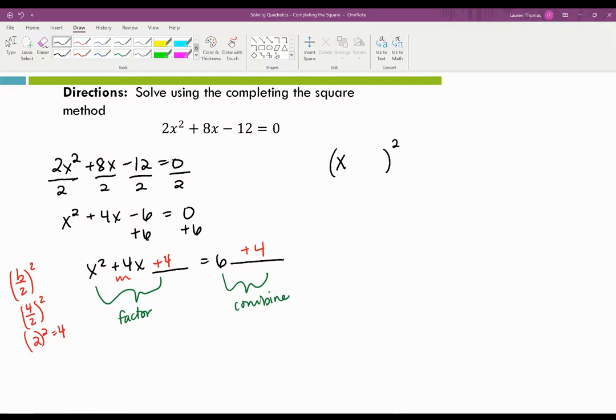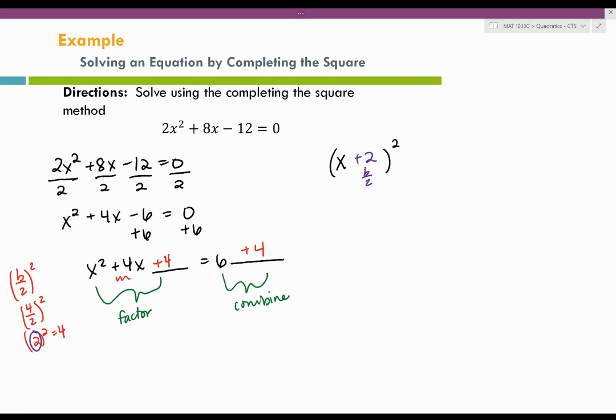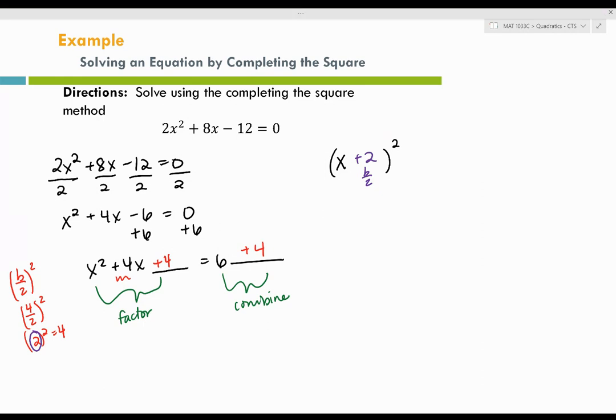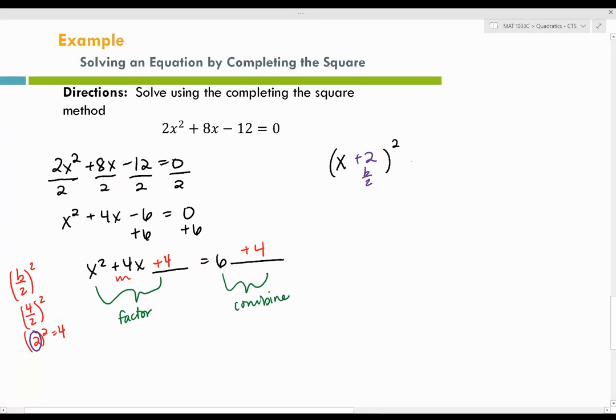And remember, that quantity that goes inside with x is b divided by 2, before we squared it. So for us, that was 2. And then we're going to combine what was on the right-hand side, which is 10. All right, now it's set up perfectly to use the square root method.